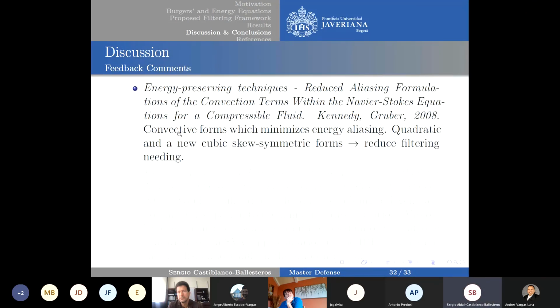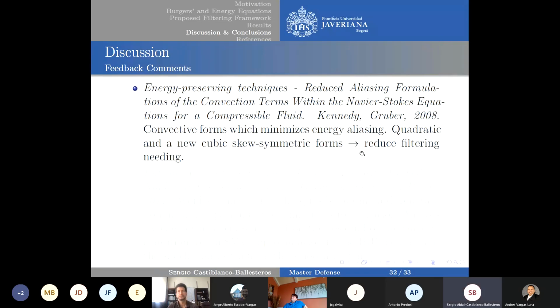There was another comment about energy preserving techniques. This is the main paper by Kennedy and Gruber. It's actually the same methodology as the previous one, or very similar, because they propose convective forms of the nonlinear term which minimize energy aliasing, and they propose new quadratic and cubic skew-symmetric forms.